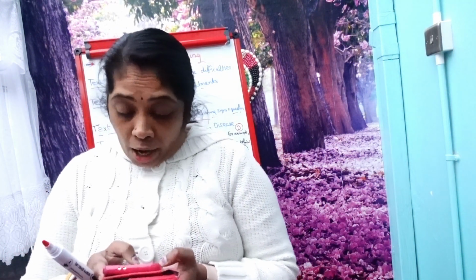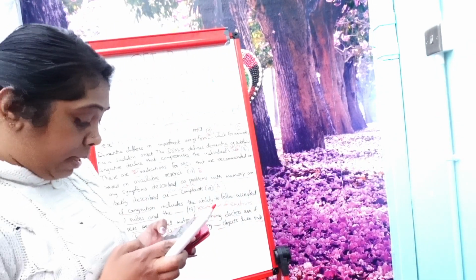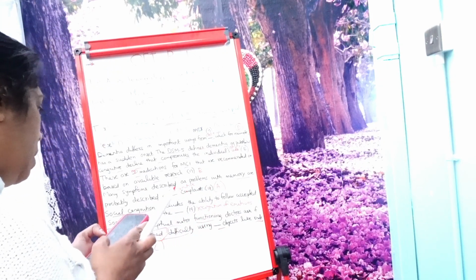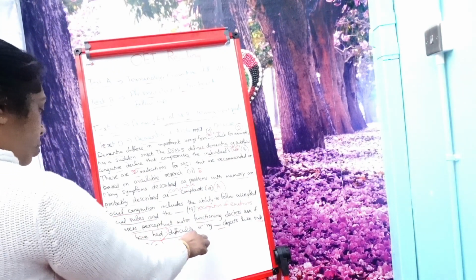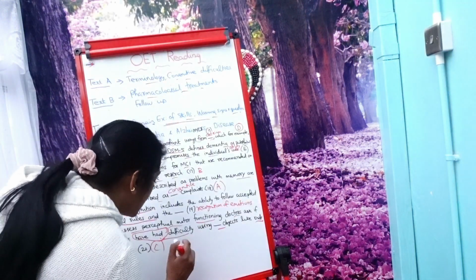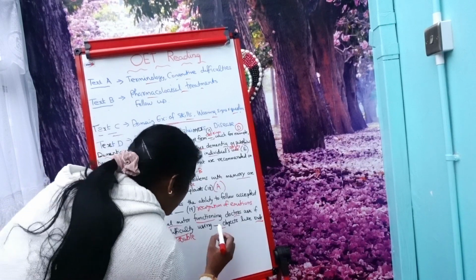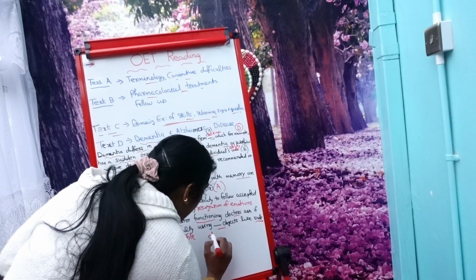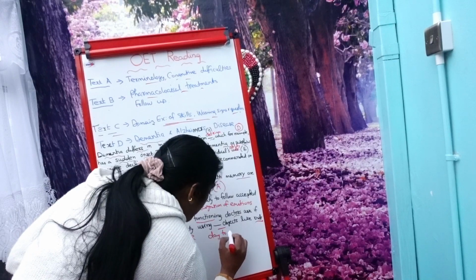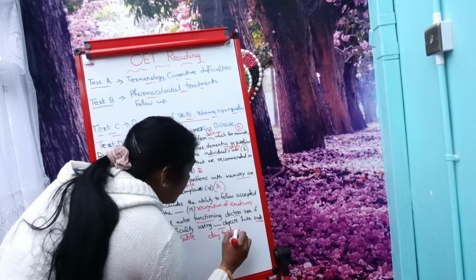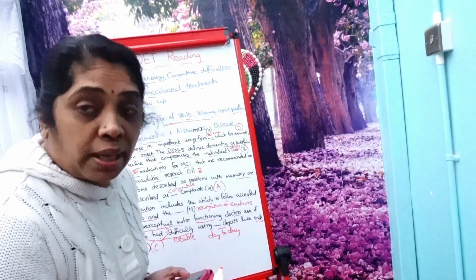In that it says, have you had trouble using day-to-day objects like a phone or cutlery? Have there been new driving difficulties such as staying in lane? That's what it says. Instead of difficulty it says trouble. So trouble using what object? Day-to-day object. That means the normal objects we are handling daily in our life.